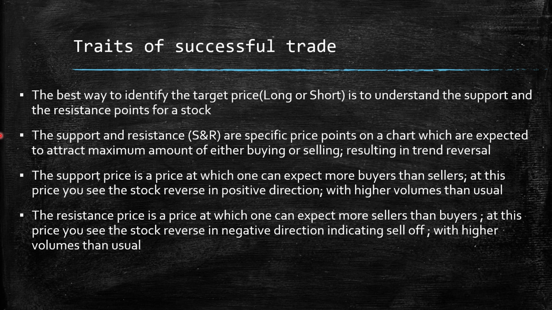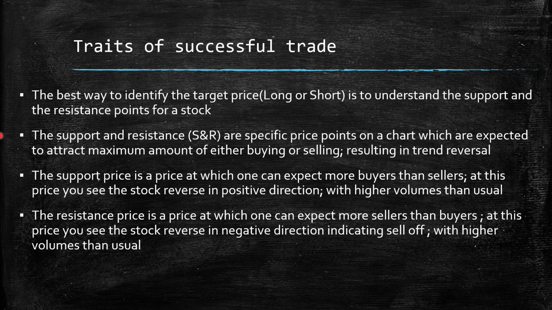The support and resistance points are specific price points on a chart of a stock where the stock is expected to attract the maximum amount of either buying or selling, which can result in a trend reversal. We will see how these reversals appear on charts when these support and resistance bands are hit.